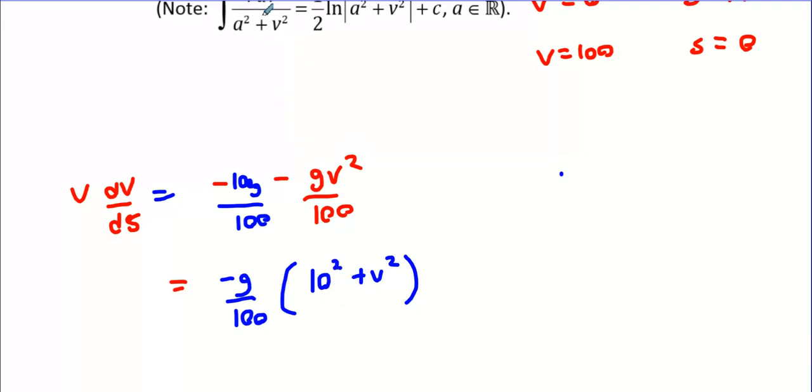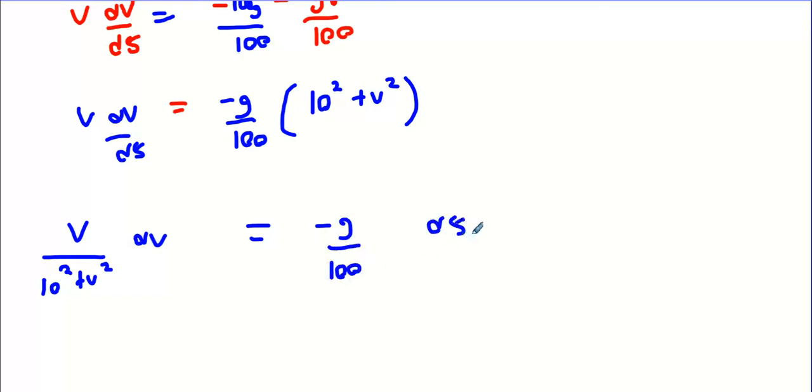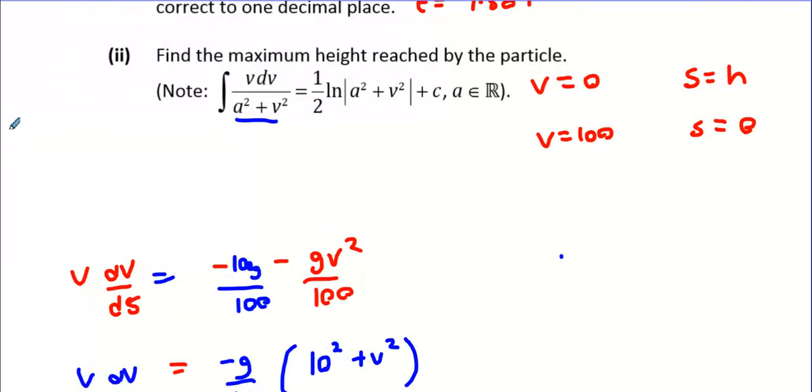And then we have v dv ds. Now I'm going to cross multiply stuff down here, so it's going to be v divided by 10 squared plus v squared dv, and it's going to be minus g over 100 ds. Now I'm going to look at this integral here.